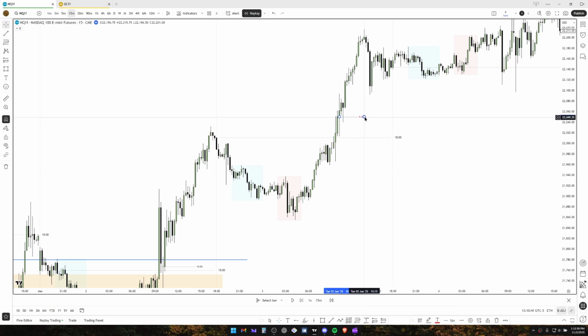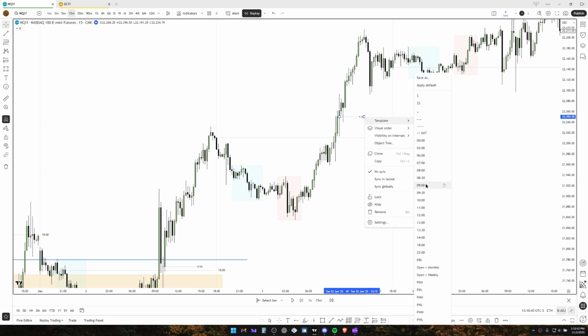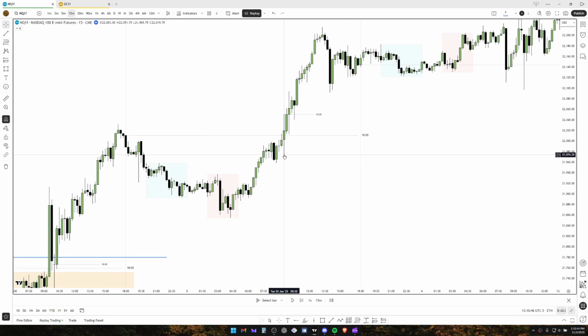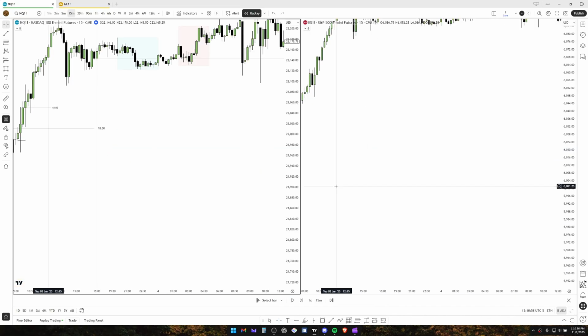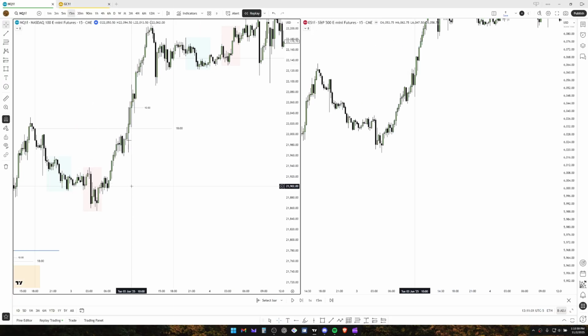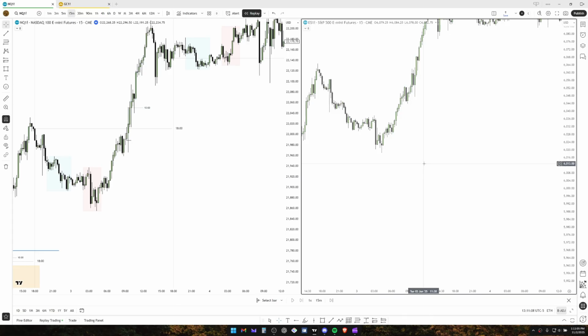The reason I think we had news is because that 9:30 made the swing. So we have this swing forming here. And obviously this low will have some type of SMT, probably with YM.